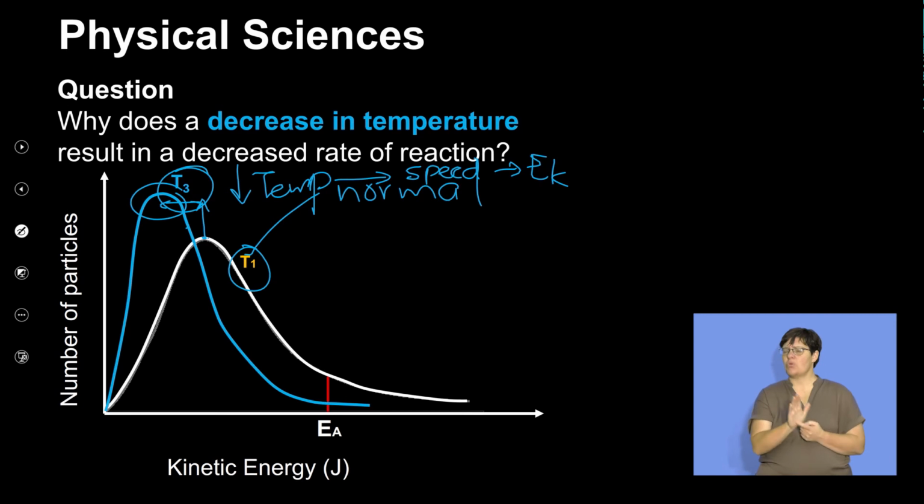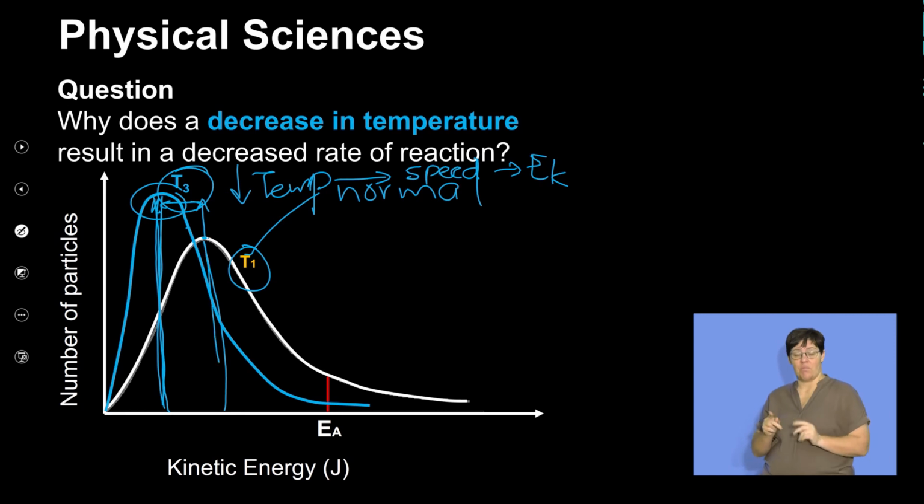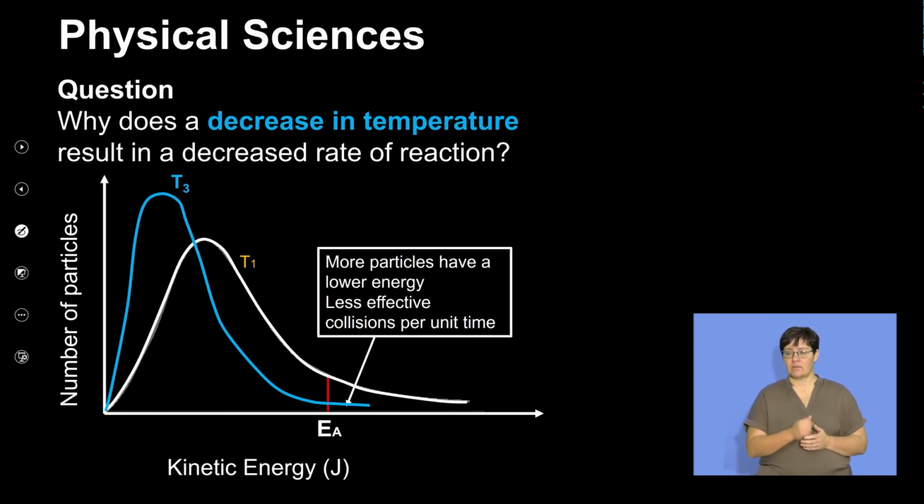So it shows you now, on average, I have a lot of particles that have a smaller kinetic energy than the particles in the original curve that we have. So when we look at the particles, we will see there are now fewer particles that will have effective collisions.